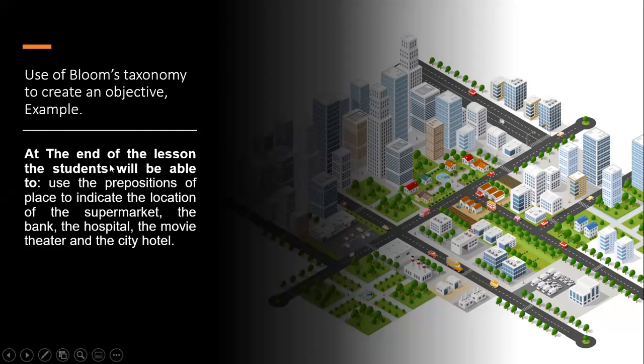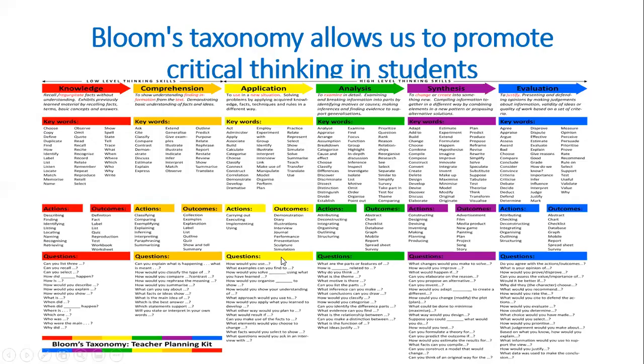Example: at the end of the lesson, the students will be able to use the prepositions of place to indicate the location of the supermarket, the bank, the hospital, the movie theater, and the city hotel. You see, everything is connected to real life. The activities they will perform are connected to real life.